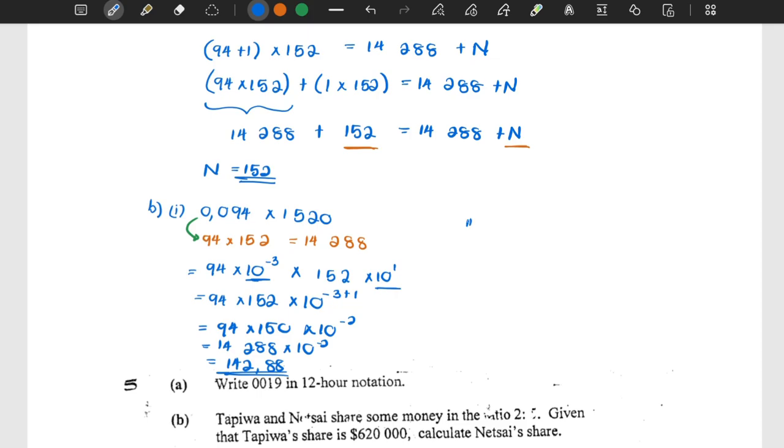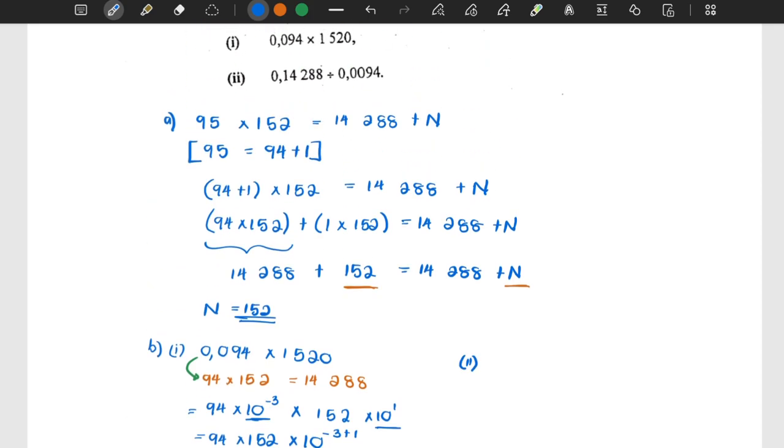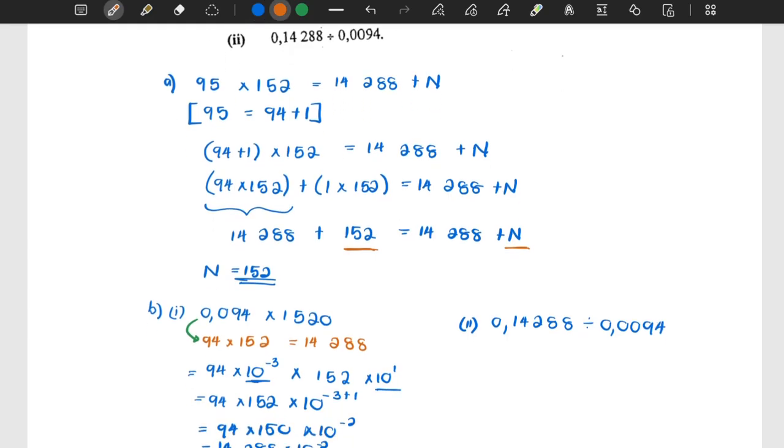And then part 2 of B said, now we have 0.14288 divided by 0.0094. Again, what we are given is 94 times 152 is equal to 14,288. Otherwise, without a calculator, this will be tricky to do.